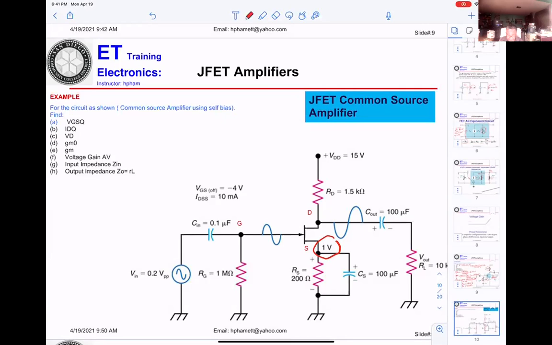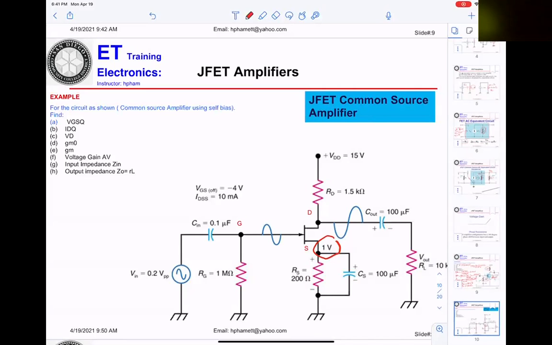It's easy to calculate the ID. VGS off we already have, IDSS we already got. So what does VGS equal?